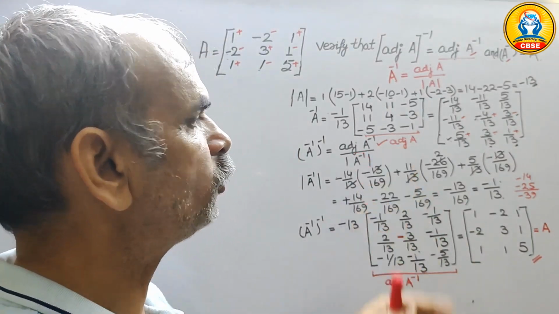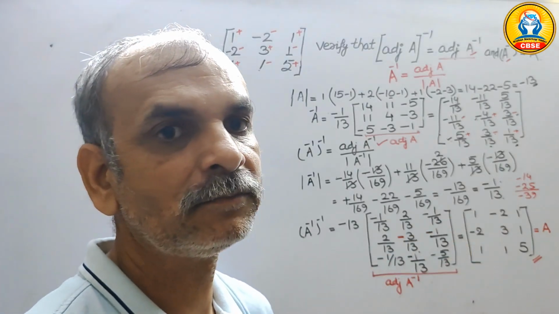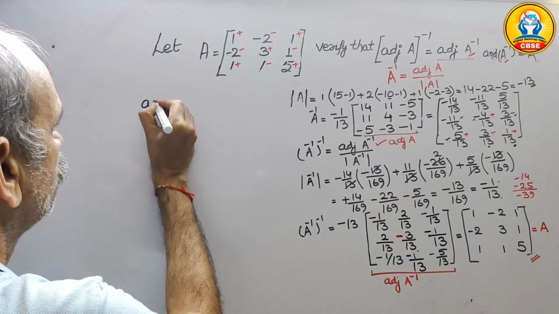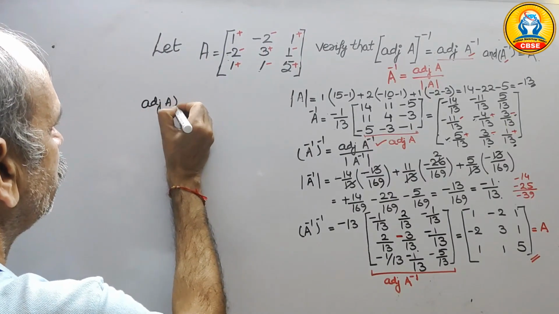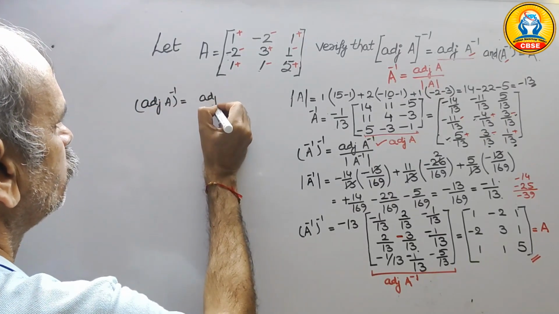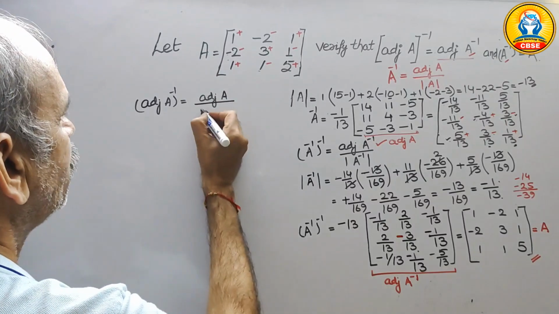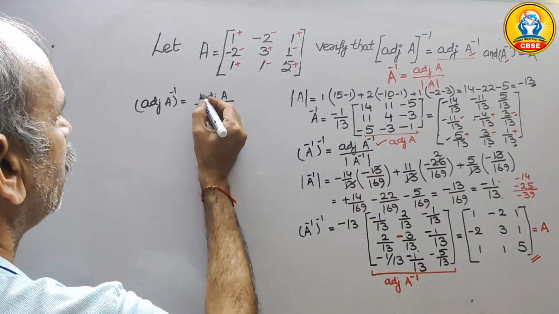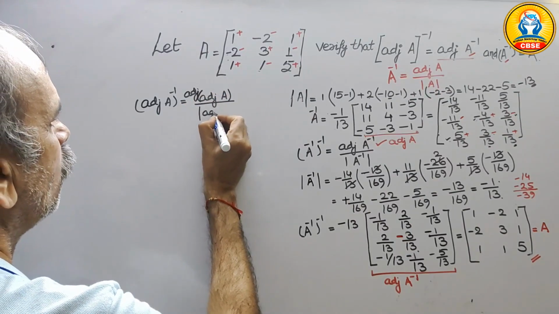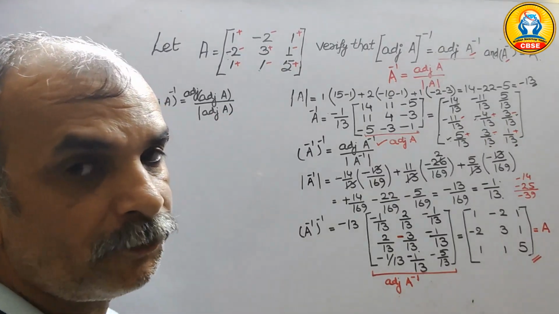So first what we will do? Determinant of that. So now we can write it as adjoint A inverse is equal to adjoint A by determinant of adjoint A. That we have to do.